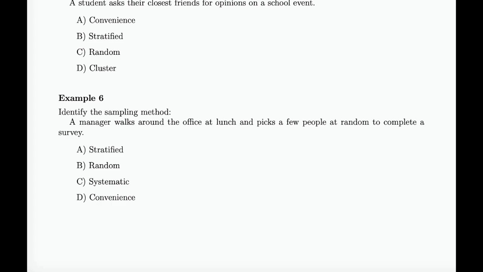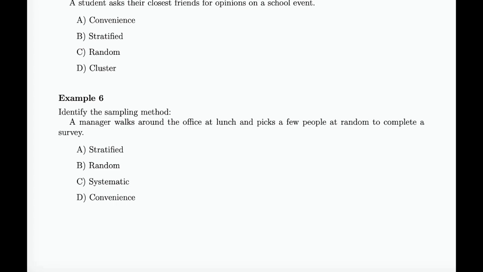There's a system, there's a pattern. If you split your population into groups and pick entire groups, that is called the cluster method. Whoever or whatever is easiest to reach for your sample, that's convenience. And lastly, if you choose randomly, but it's not necessarily allowing for equal chances of getting picked, then you just call that random, but not simple random.